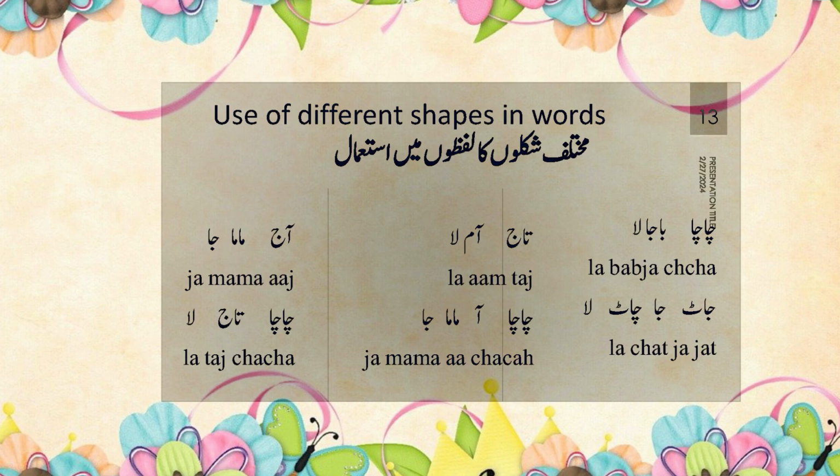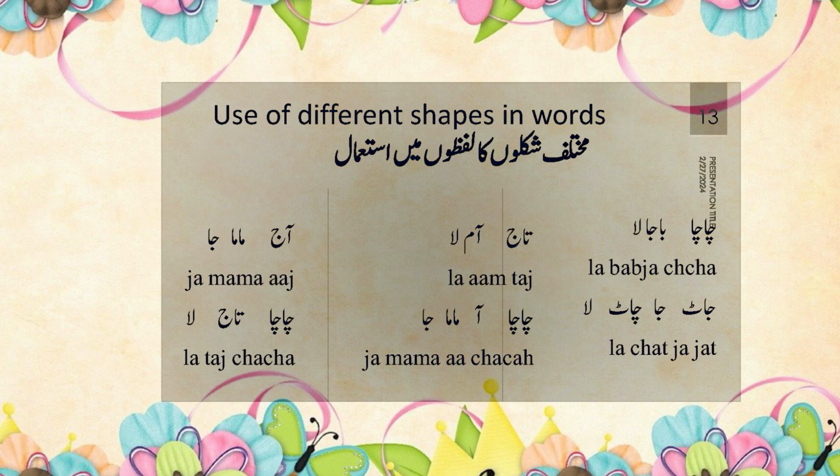For example, here in third column, first position, aj, jim in the word taj came at the end, did not change its position. And here also in taj, aj, did not change its position.